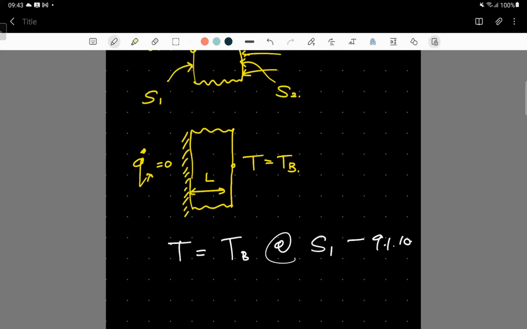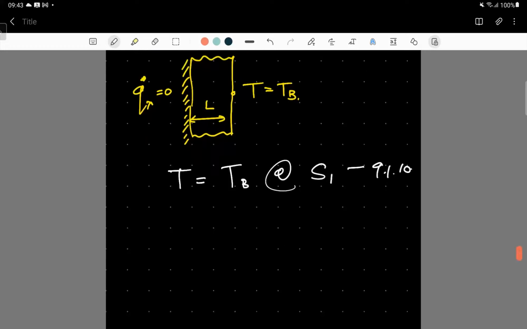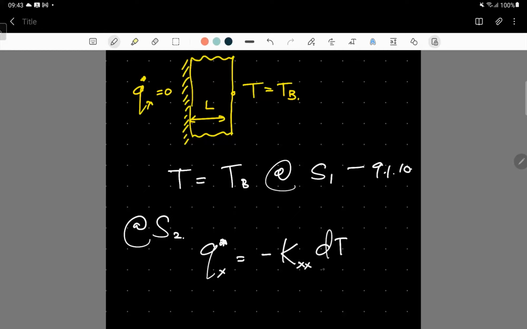It's a known boundary condition at the surface. The corresponding flux entering the system at surface 2 can be written as minus kxx dT/dx, which is a constant value on surface 2. So we know the heat flux if the temperature gradient is known.